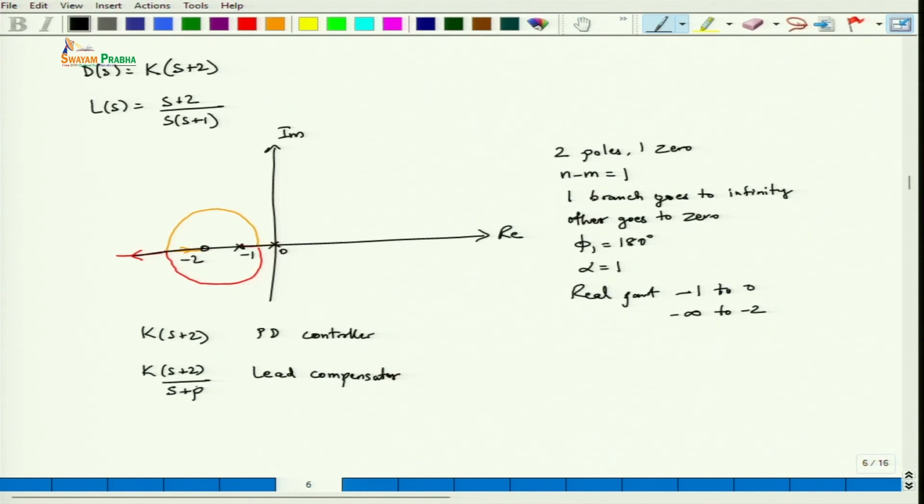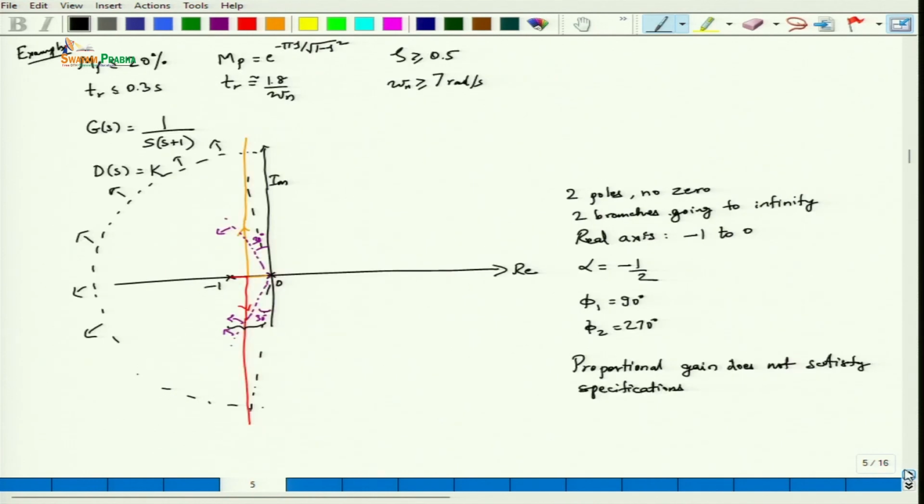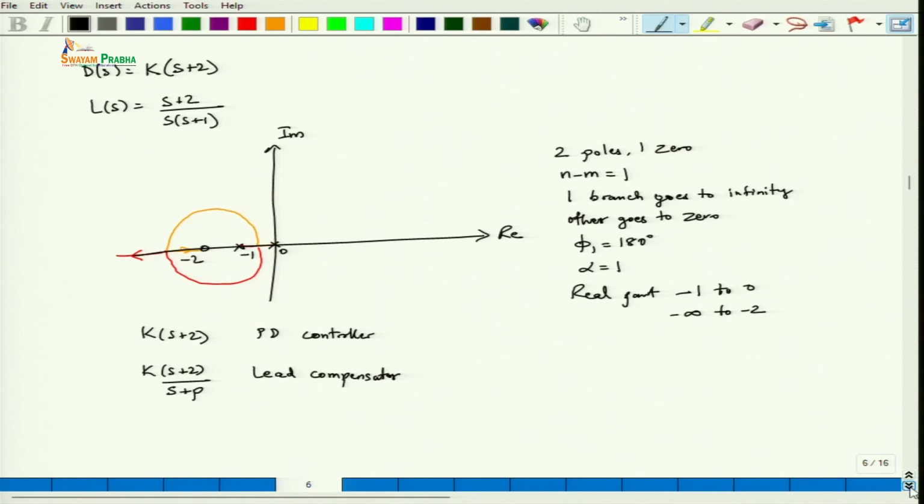Now what we need to do is find this location of p such that we can try to meet our specifications. So what we have discussed is that with the addition of a 0 we can move the root locus to the left hand side and possibly be able to meet these particular time domain specifications.